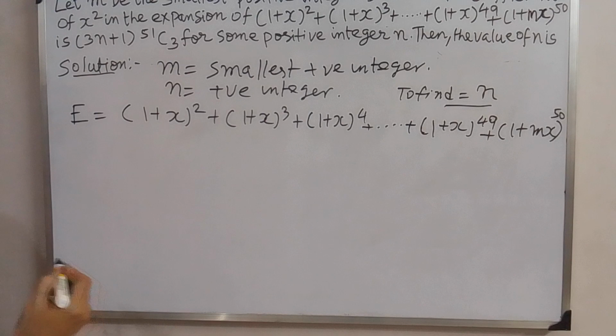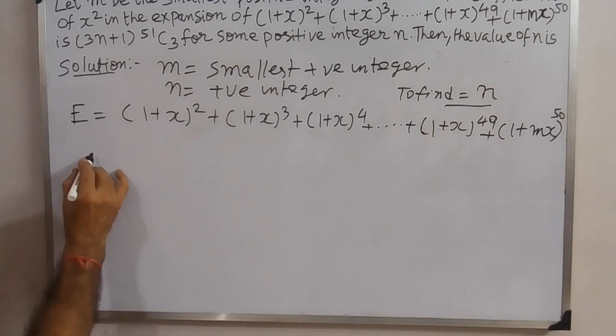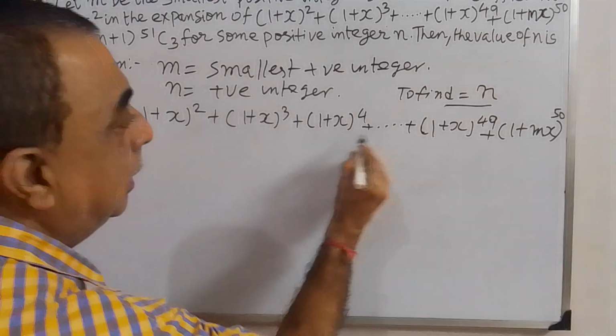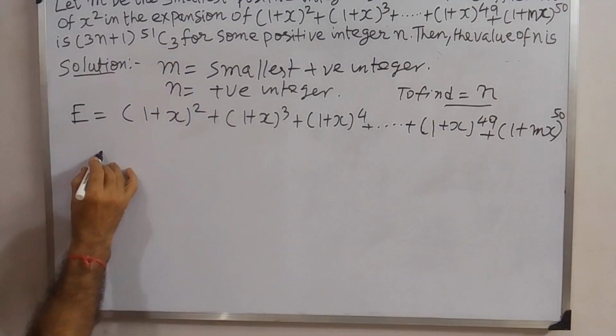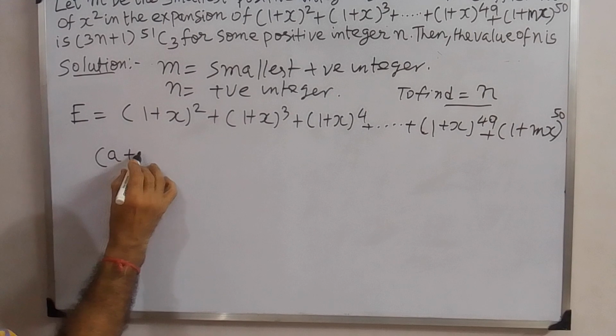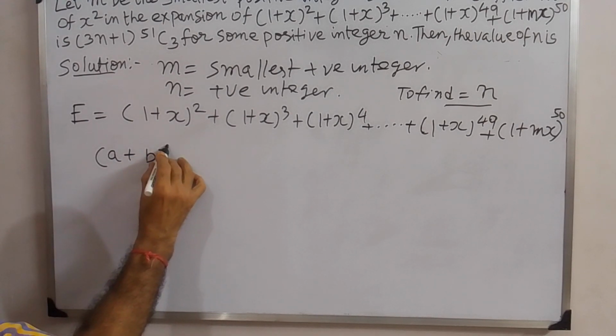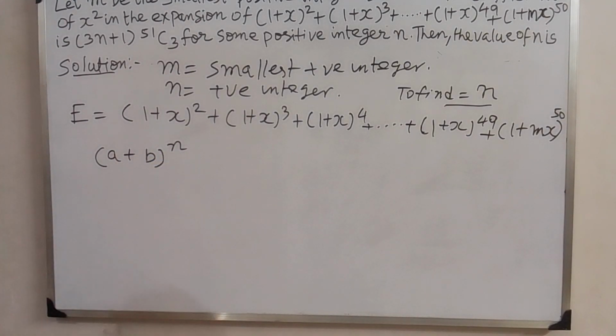Now see how we expand a binomial expression. Suppose a general binomial expression (a+b)^n.